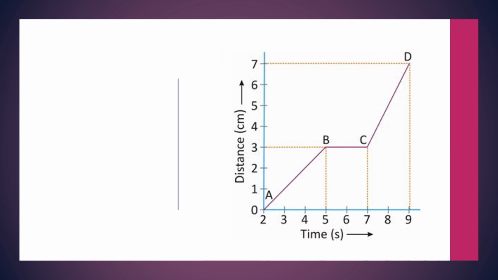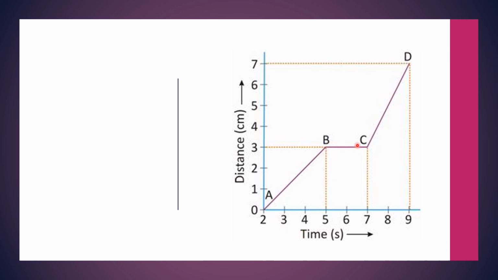Now let's see this example. This is also a graph that represents the relation between distance and time, as you see. And it asks me to see if this is a uniform speed or not, and to calculate the speed if it's uniform speed and the average speed if it's non-uniform.